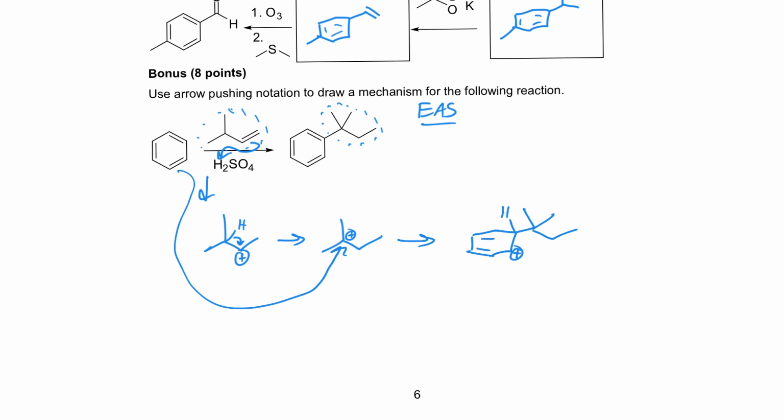And I still have this H, and really the only thing that I could use to grab the H would be either HSO4 minus, which I don't really like much because this is a very weak base, because it's the conjugate base of a very strong acid. But I could also use some of my starting material. I know that this acts as a base in the reaction, so why not use another alkene to remove the extra H.